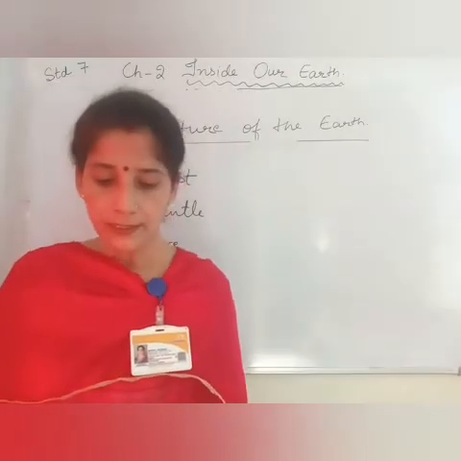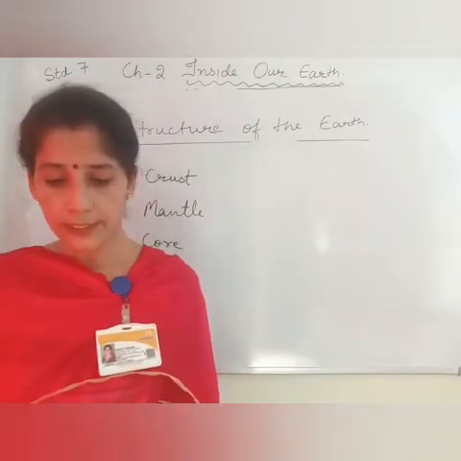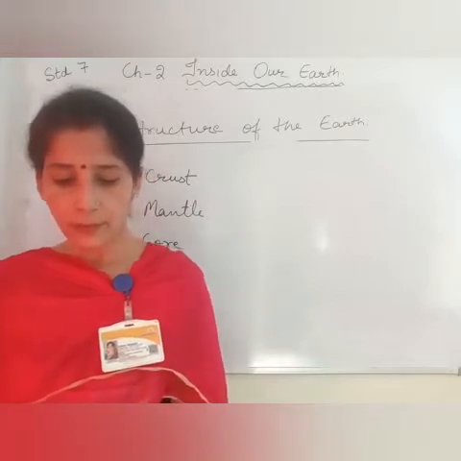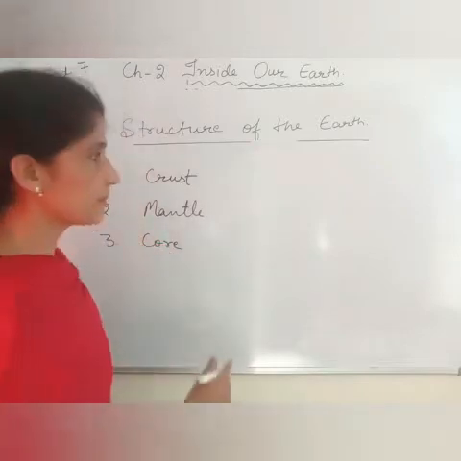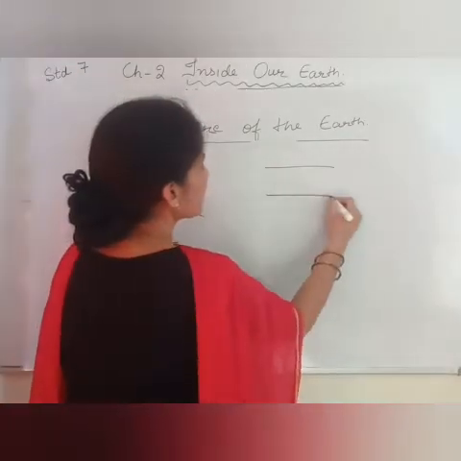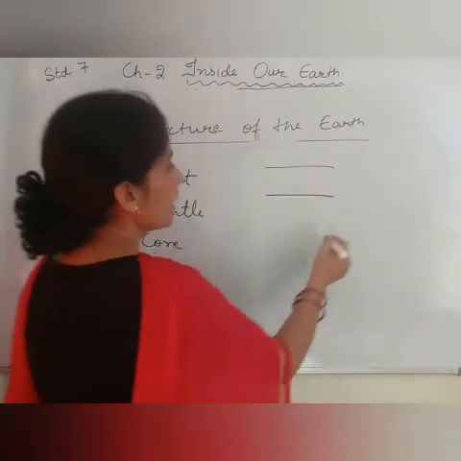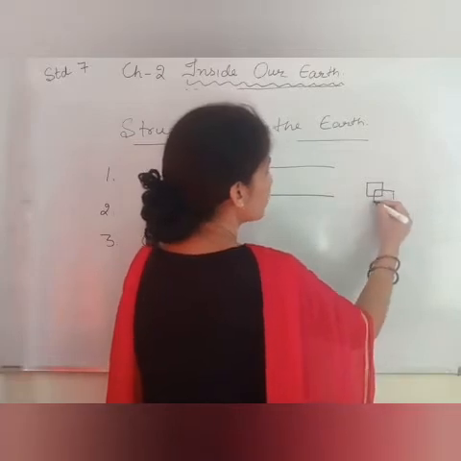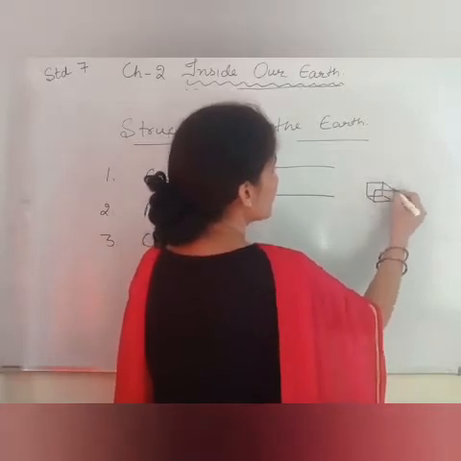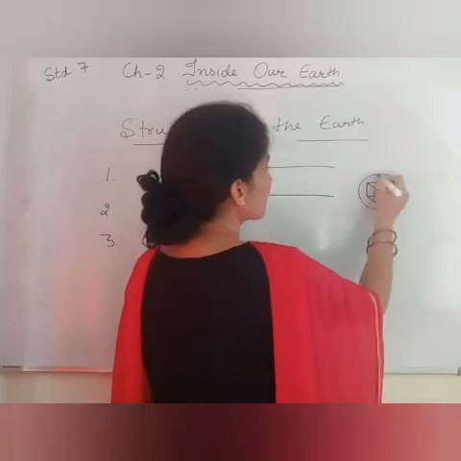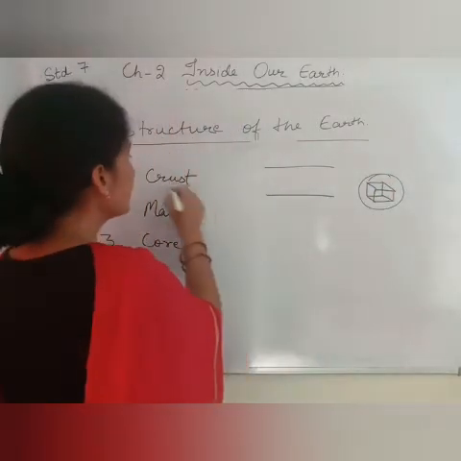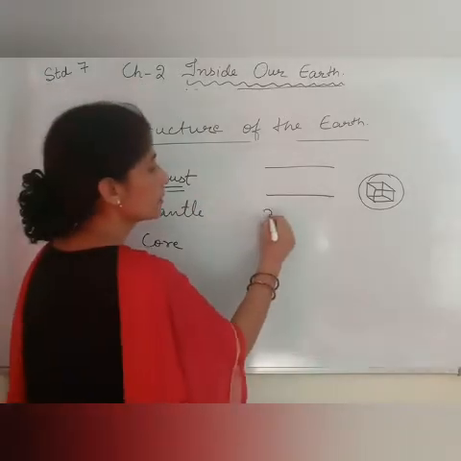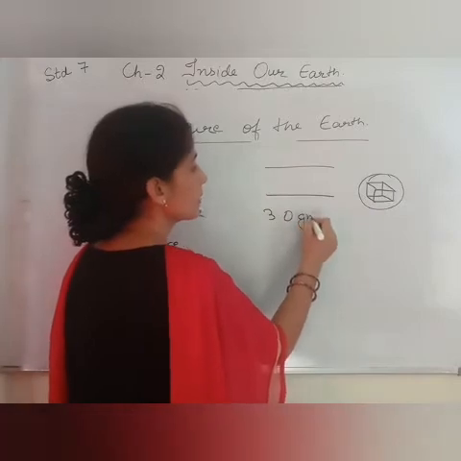The next point is the average density of the crust is about 3.0 gram per cubic centimeter. Just imagine this is the topmost layer. The weight of one cubic centimeter of this portion of the earth, the crust part, is about 3.0 gram.